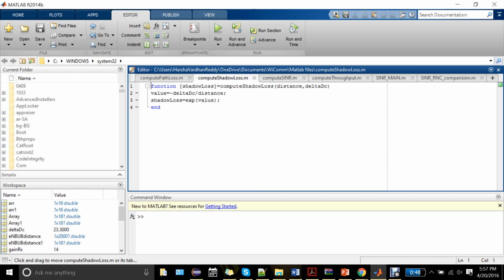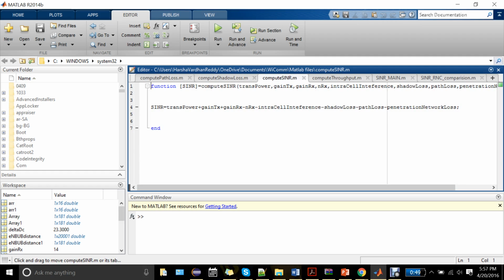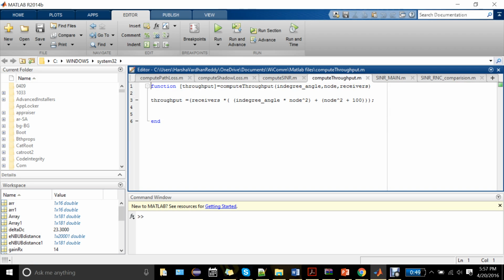The shadow loss depends on the distance and also the delta DC value. Similarly, SINR, as we already discussed, is dependent on transmission power, transmitter antenna gain, receiver antenna gain, and the intracell interference, shadow loss, path loss, and the penetration loss. I also calculated the throughput to show RNC has a better throughput than the HARQ protocol.